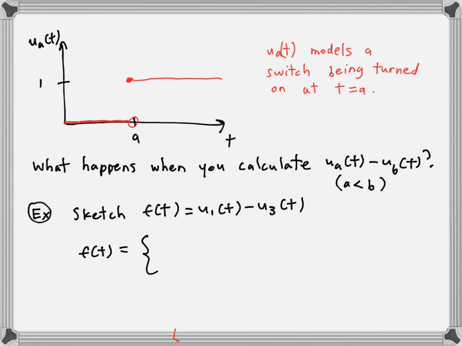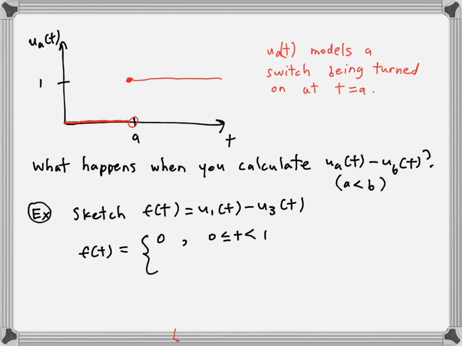When t is smaller than 1, both of these values are 0, right? So you end up with 0 minus 0, which is 0. So it's 0 when t is smaller than 1. Now, because we're dealing with t's that are actually at least 0, there's no harm in writing it this way. Okay, just because we're not talking about inputs of t that are less than that, okay?